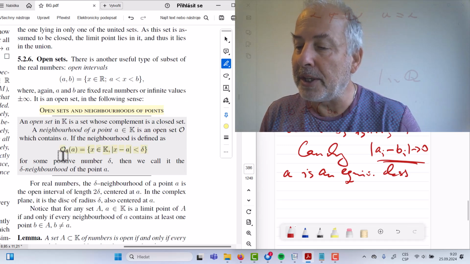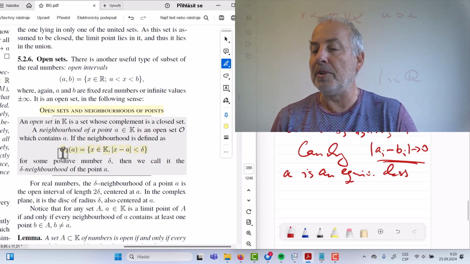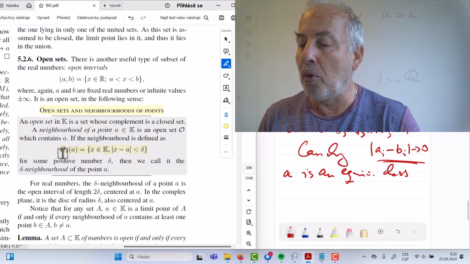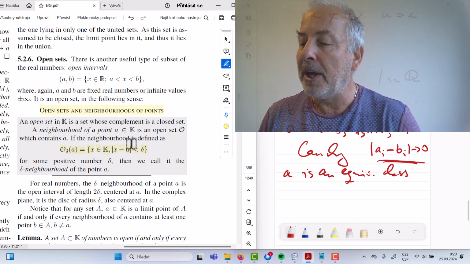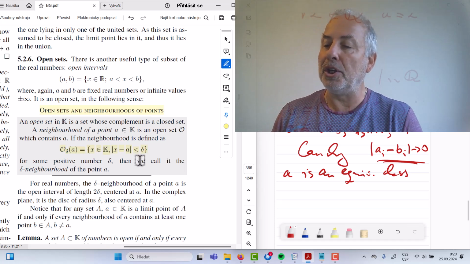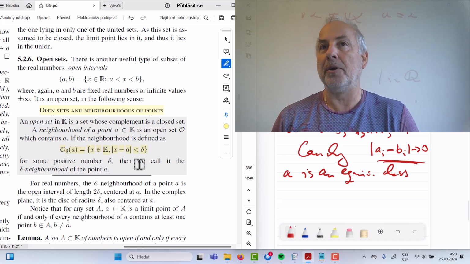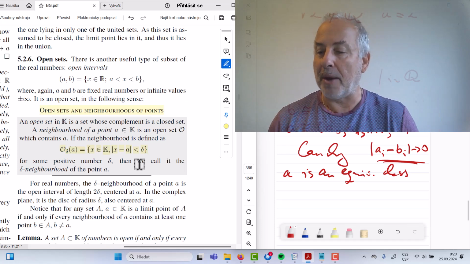You simply take some number delta, which is a positive real number, and you take all the x's close enough to a, right? And you have a strict inequality here, and therefore it's open, right? And open sets are those where each point is in with some neighborhood.